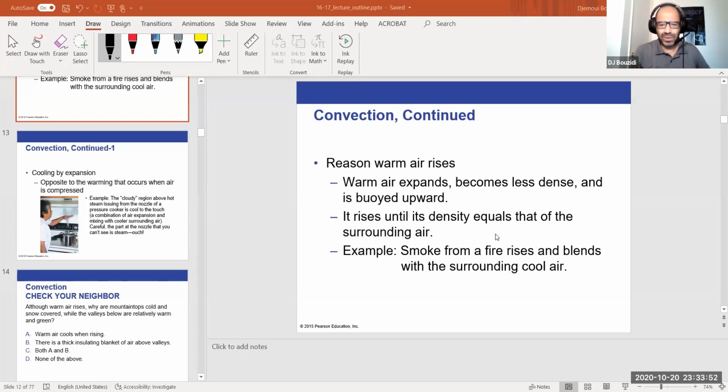Or should we leave that for later? That's the second point of discussion. Okay, that's the correct answer. Because it expands. While it expands, in this case, it loses the heat, so it feels cooler.